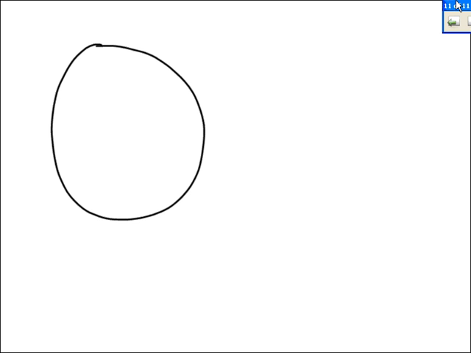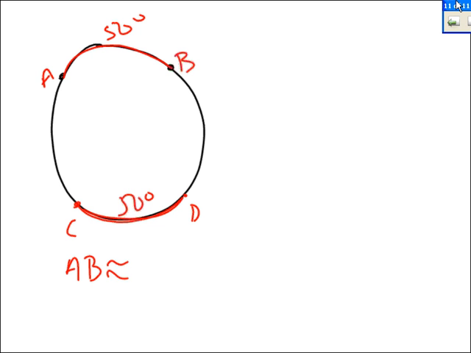If you have a circle, and from here to there, 50 degrees, say from A to B, and from C to D is also 50 degrees, then we can conclude that AB is congruent to CD. You don't need the central angle, but if you want it, there it is.